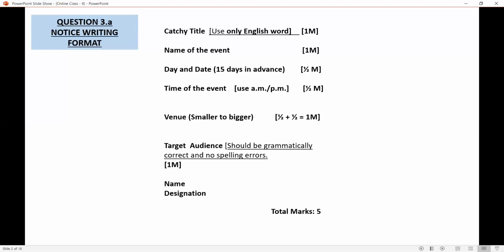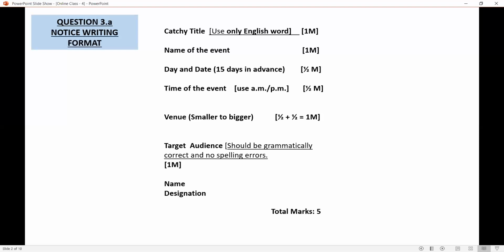And remember, sentence should be grammatically correct and there should not be any spelling error here. Otherwise, you will not score marks here. It carries 1 mark.